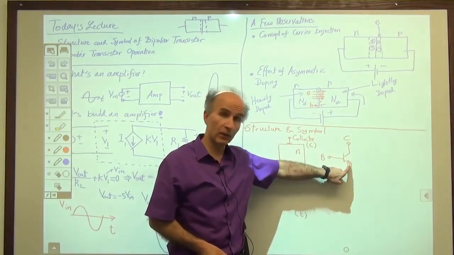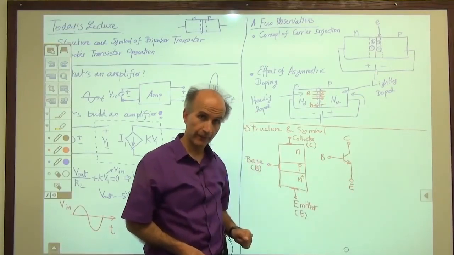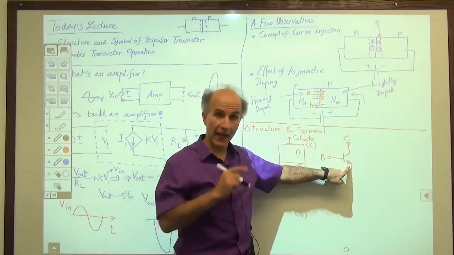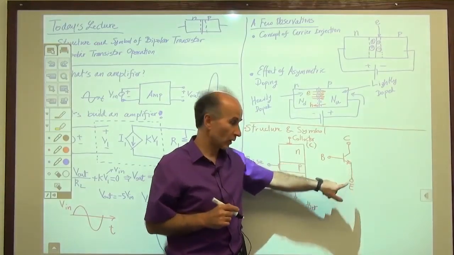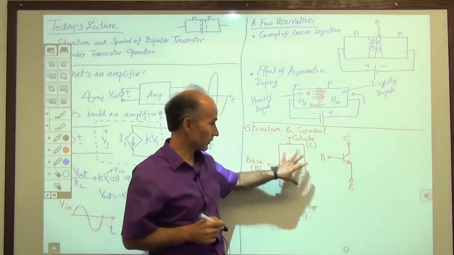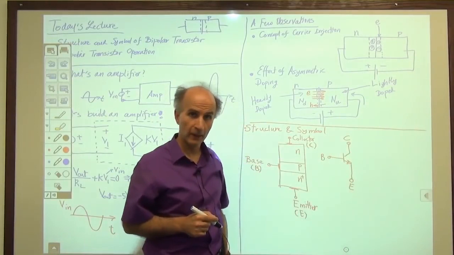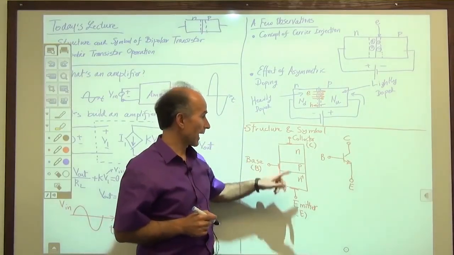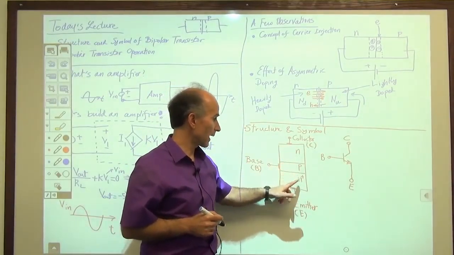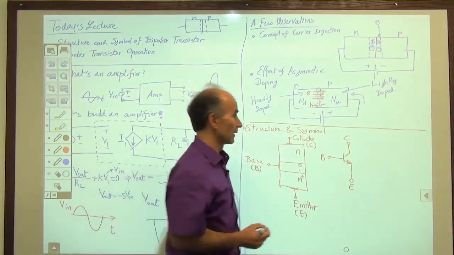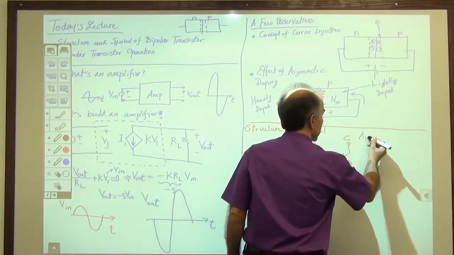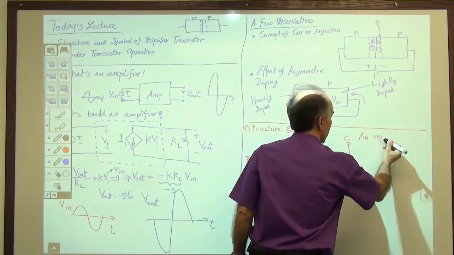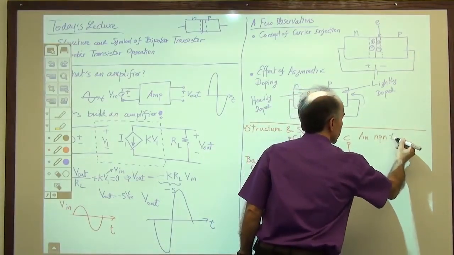So there's always an arrow on the emitter terminal. Now, whether the arrow points outward or inward depends. For now, we are using this structure, and for this structure, we have this symbol. In fact, this is called an NPN transistor.